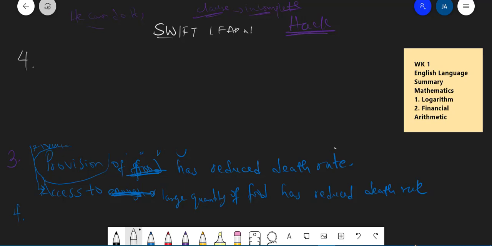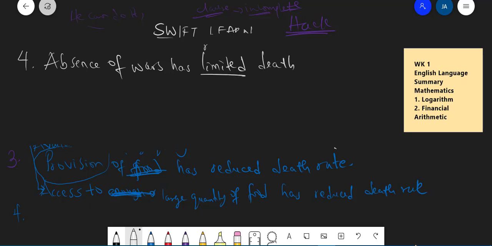Okay, well, absence of wars has limited death rate. Instead of the word limited, reduced is a better word. Okay, death rate, full stop.